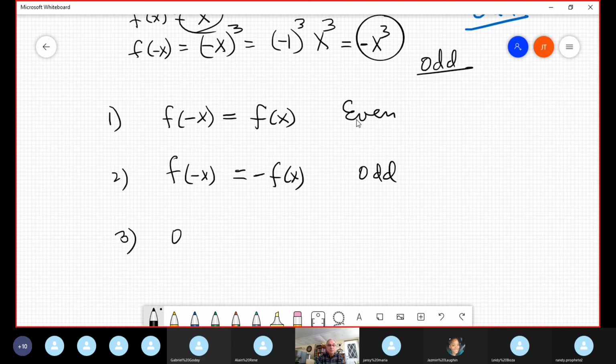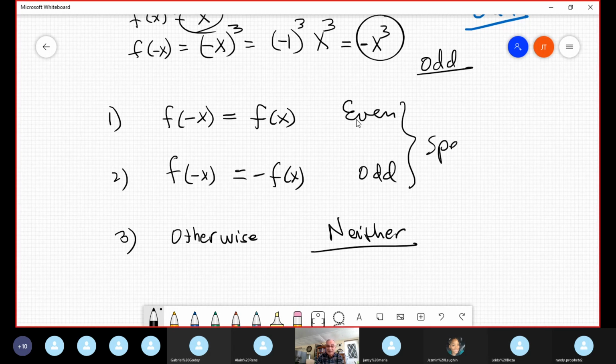Otherwise, it's neither, because it's not even nor odd. And these are special, important cases, and this is the totally ordinary case.